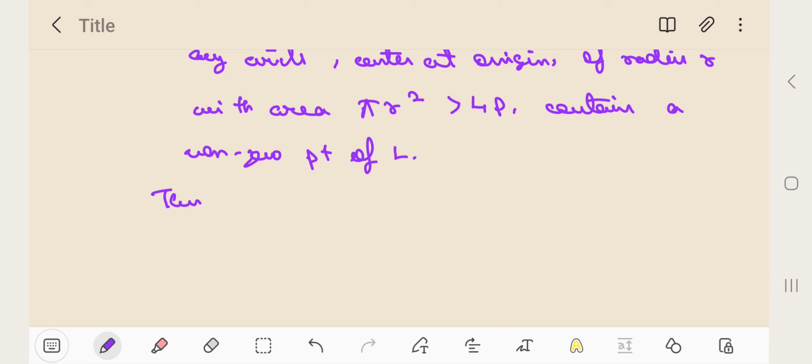So this holds for r square chosen to be 3p by 2.